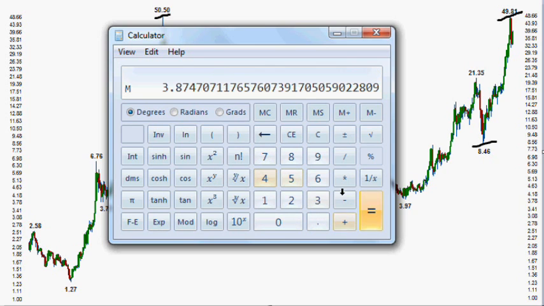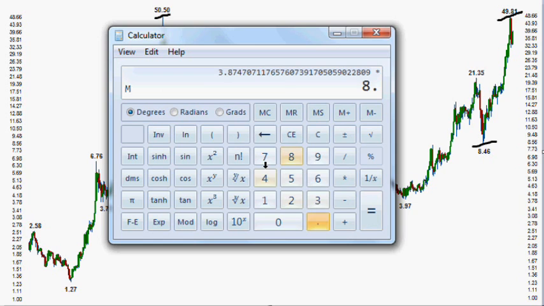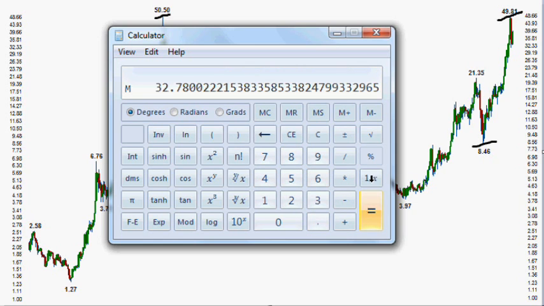Alrighty, $32.78. Therefore, if you were waiting for a 23.6% retracement, you would have been waiting for $32.78. Considering the bottom was 32.32, you kind of hit that very well.